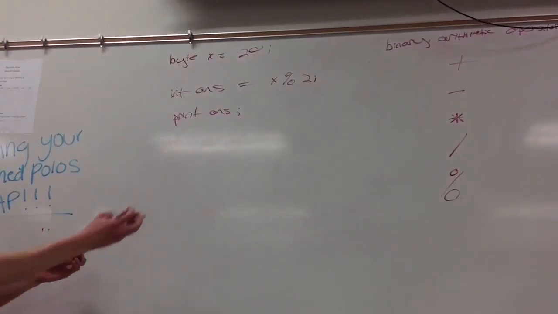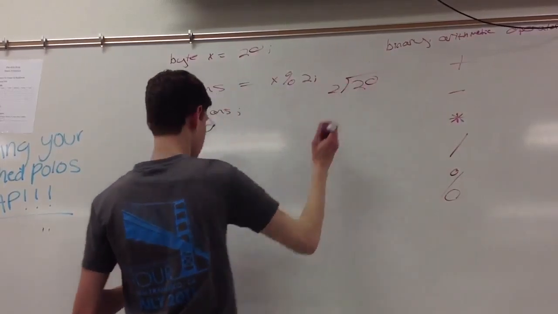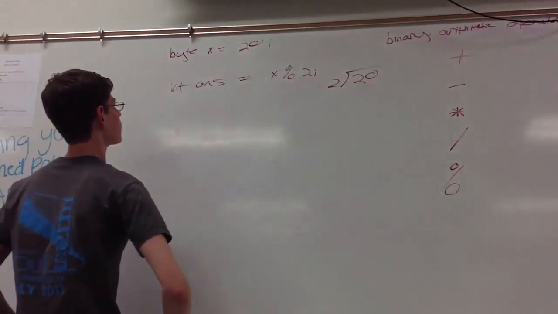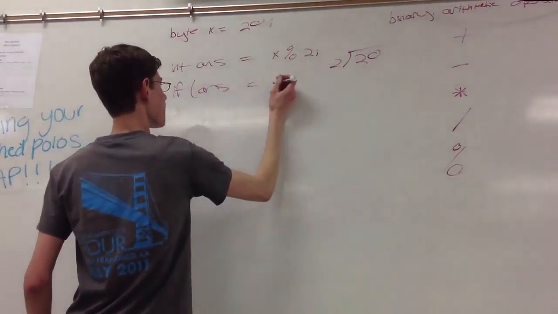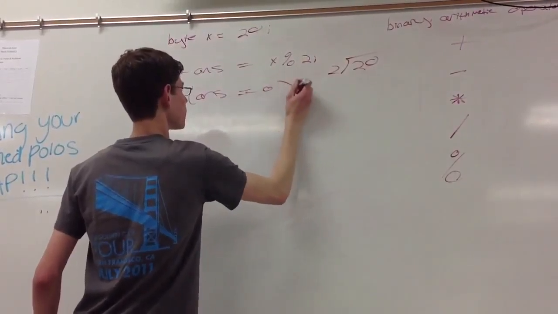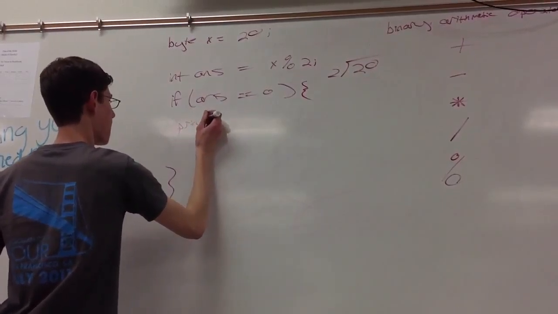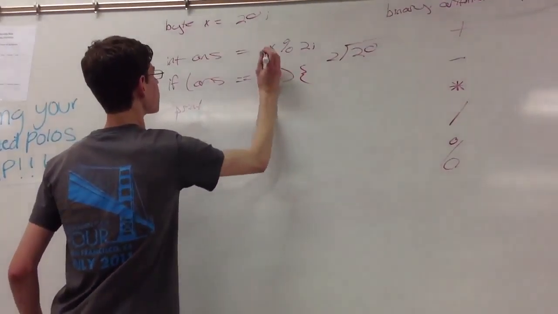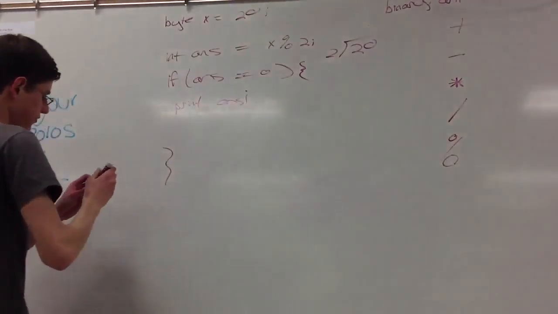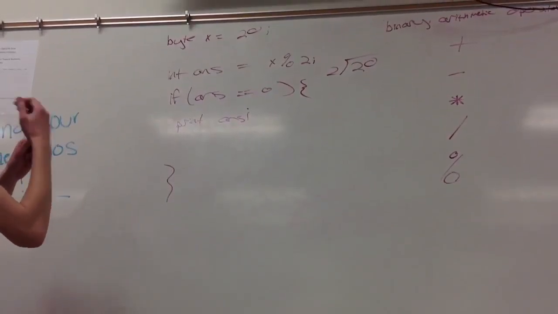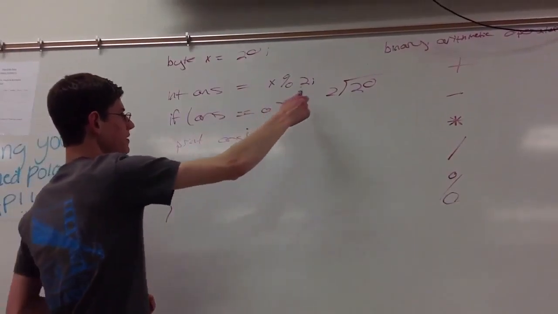So what we did here is we said x is 20, and we divided 20 by 2.